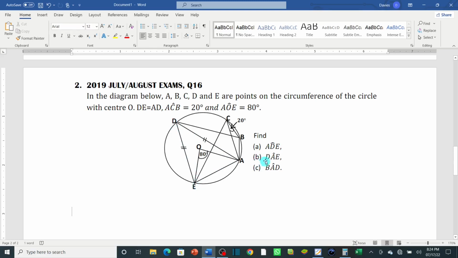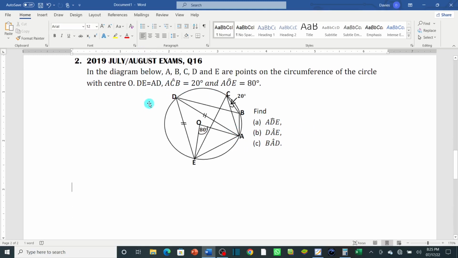Then B, angle DAE, so angle D, then A, then E. So they want us to find this angle here, angle DAE, and also angle BAD, that angle here.